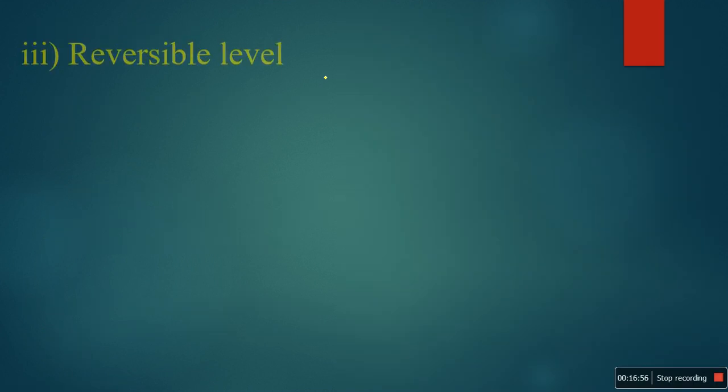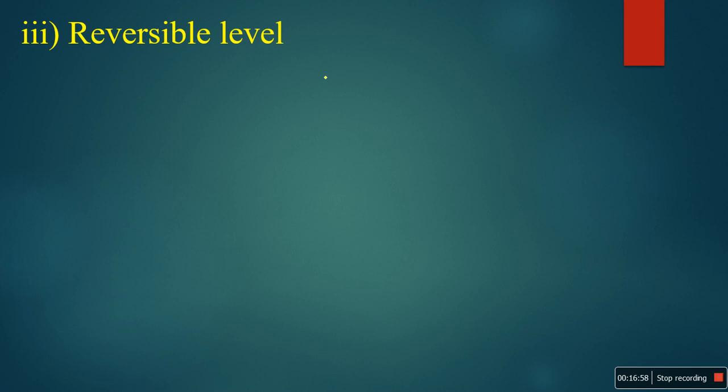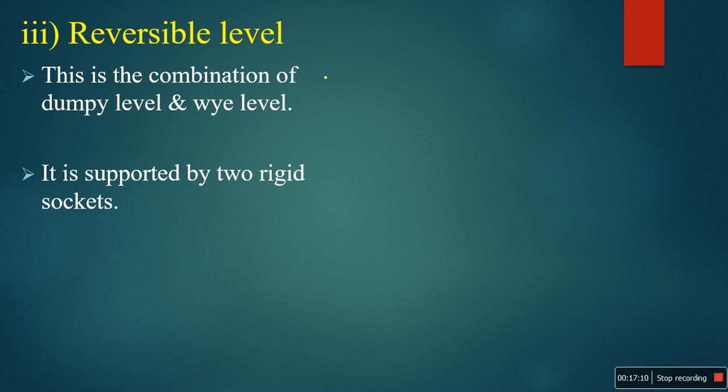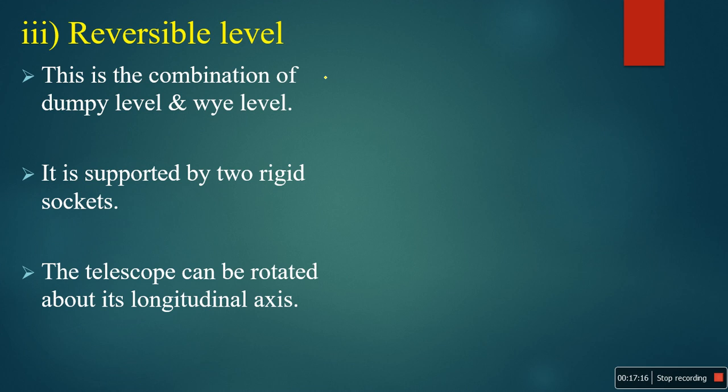Coming to the third one, that is the reversible level. It is a combination of the dumpy level as well as the Y level. It is supported on two rigid sockets, and the telescope can be rotated about the longitudinal axis. In the dumpy level, the telescope will not be rotated and will not be removed.